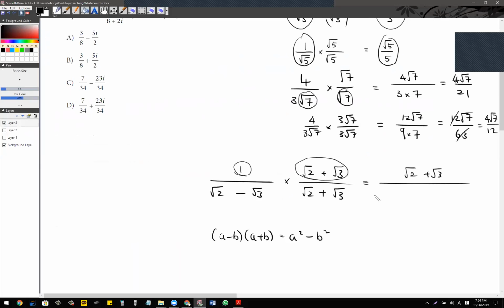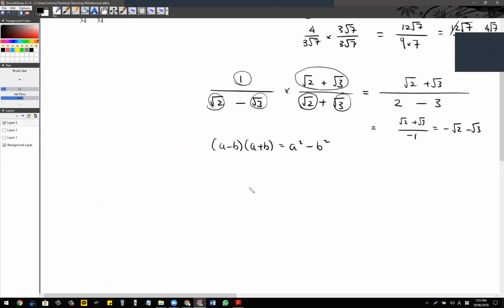This one squared is 2, minus b squared, that's just 3. So it's just negative 1, root 2 plus root 3. Divide that by negative 1, okay?